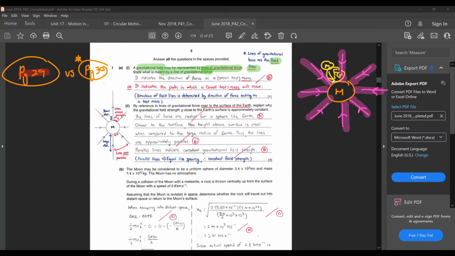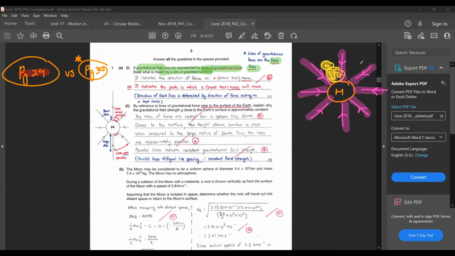The convention is that the direction of the field follows the direction of the force acting on a test mass placed inside the field. In our case, the gravitational force acting on the test mass is directed inwards, so our field lines must be directed inwards.